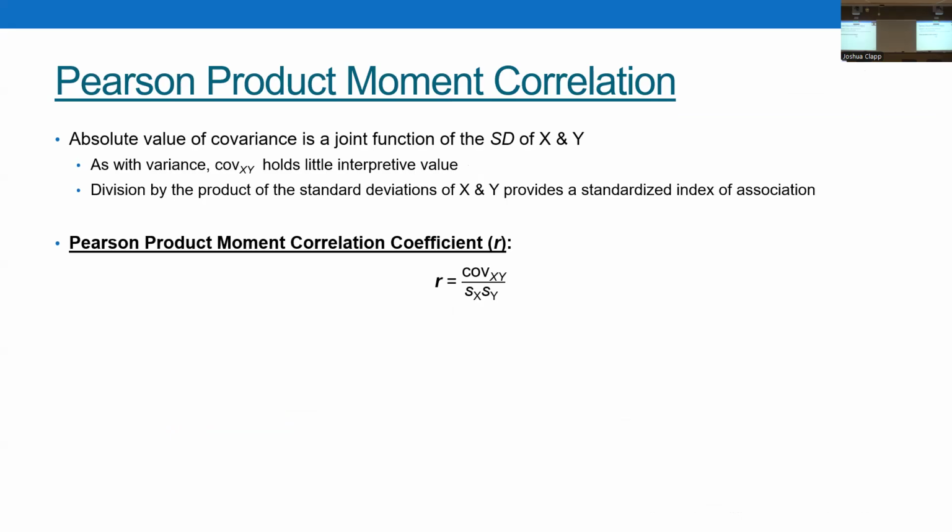If covariance is a joint function of the standard deviation of X and Y, what happens if I have data that doesn't have a lot of variability in it? What happens to my correlation? It shrinks, right? If I want strong correlations, I want large ranges, large variabilities.